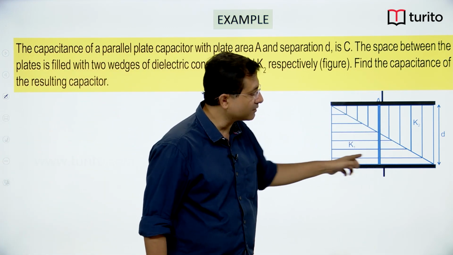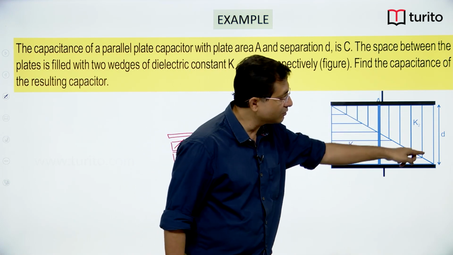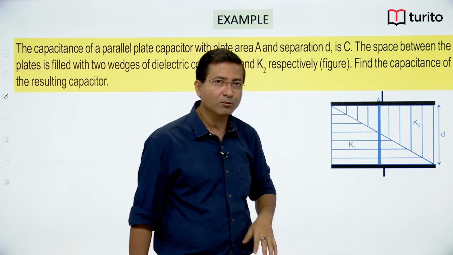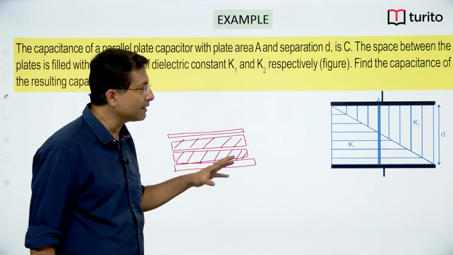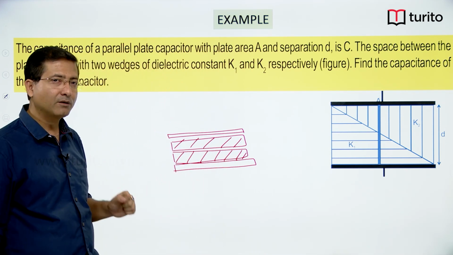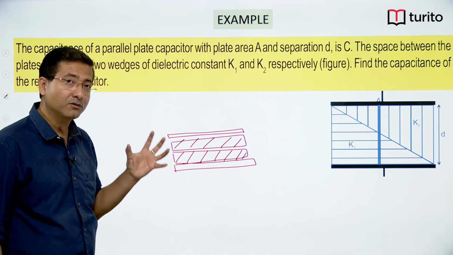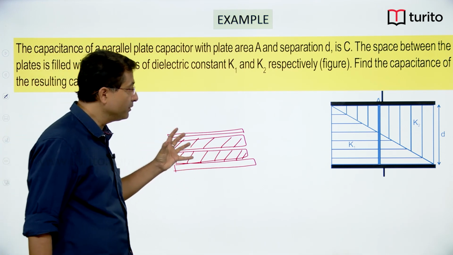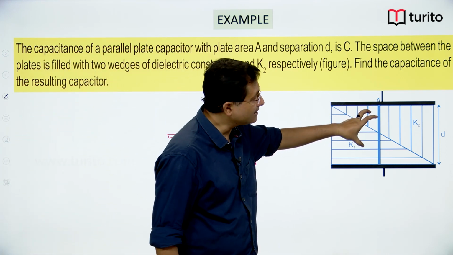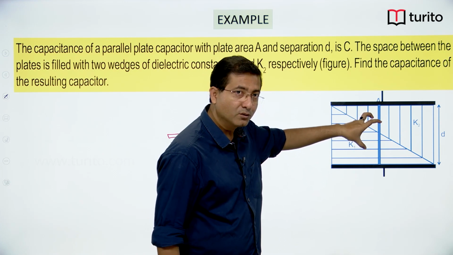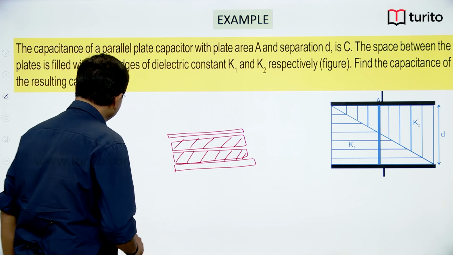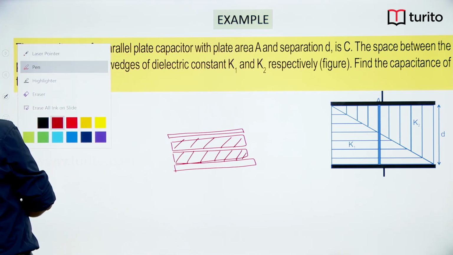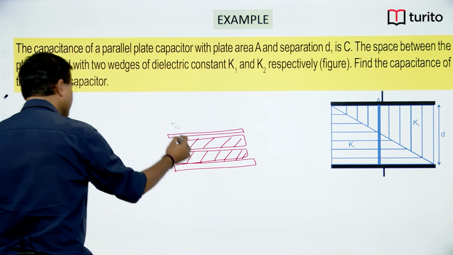It is in the form of a triangular wedge. This is also in the form of a triangular wedge, and they completely occupy the space between the two plates of the capacitor, and I want to find out the equivalent capacitance. Now, here you have to be careful while analyzing what you need to do to add the capacitance of a small part. So, we will use the concept we have just discussed.